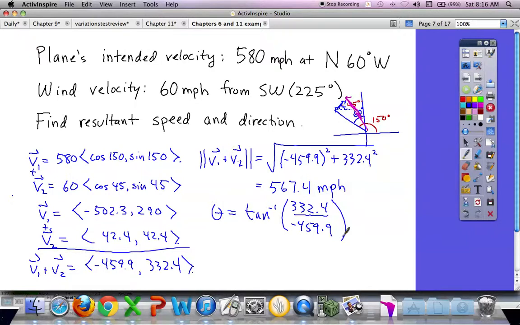I'm getting negative 35.9. Which would actually be down here in this quadrant, but we know that that's not true. We know that if we add 180 degrees, we're going to get another angle where tangent has the same value, and that's the one we're looking for. So we add 180. 144.1.